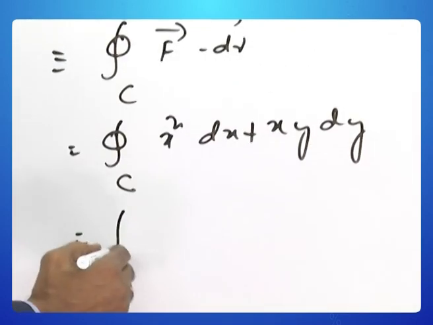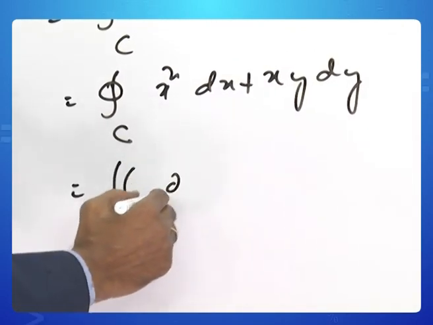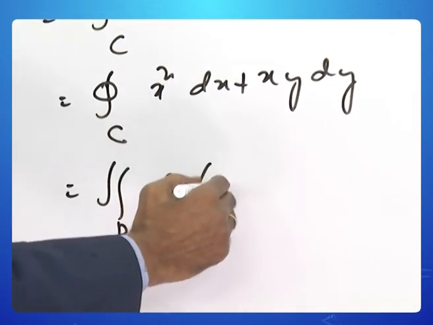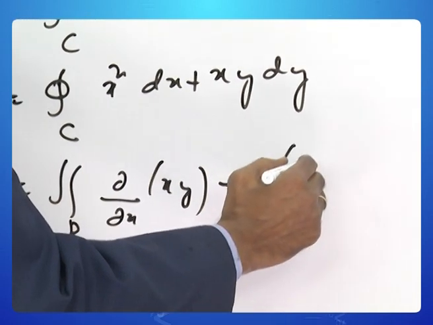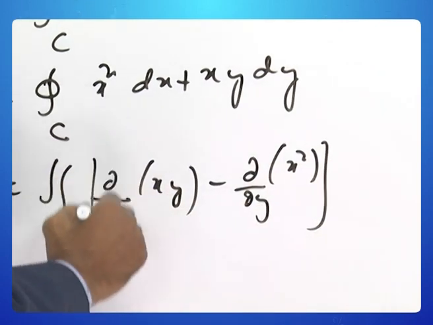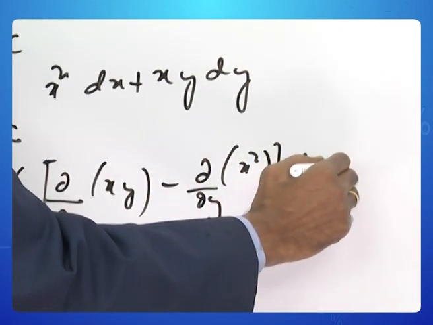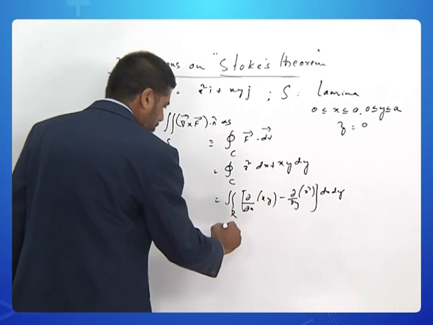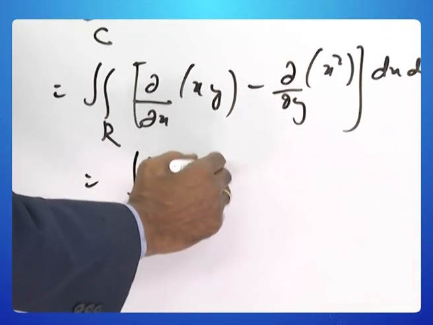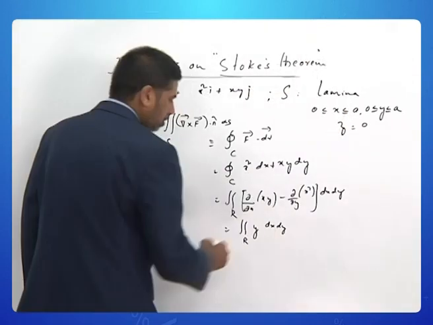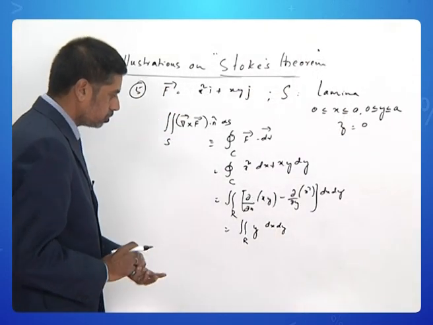So once again we'll go to the Green's theorem, double integral dou by dou x of xy minus dou by dou y of x squared, dx dy. This is double integral over R y dx dy. So we'll be forced to integrate.